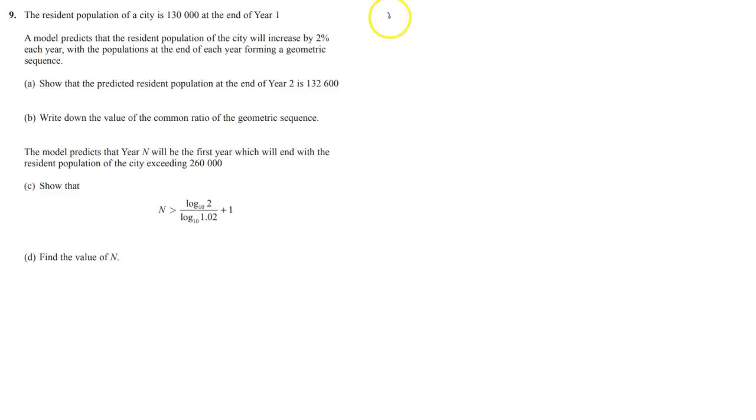So first term a of this geometric sequence is 130,000. r is equal to, it's increasing by 2%, so it is 1.02. That is the value of r.